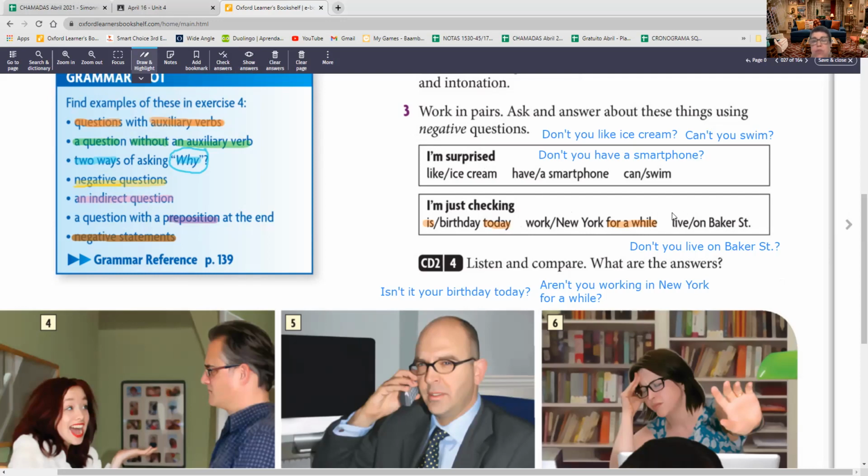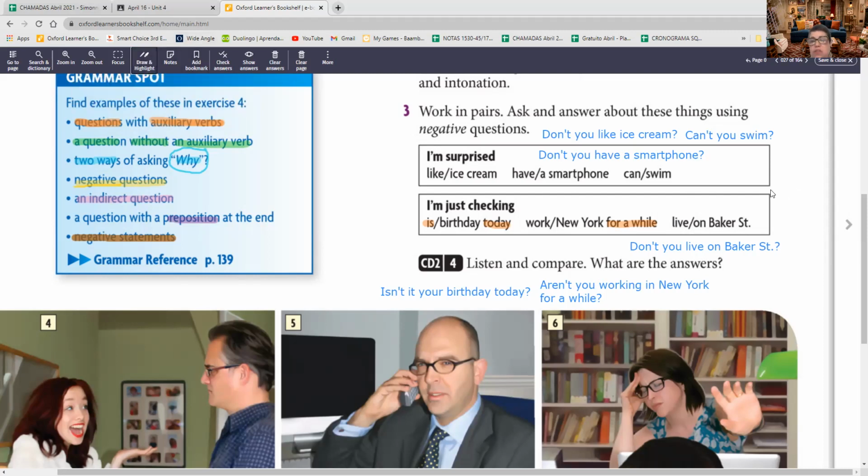Here, we have the verb to live. And here, we have just the name of a street. So it's nothing indicating time. When we have this situation, we just go ahead and use the simple present. Okay. All right.